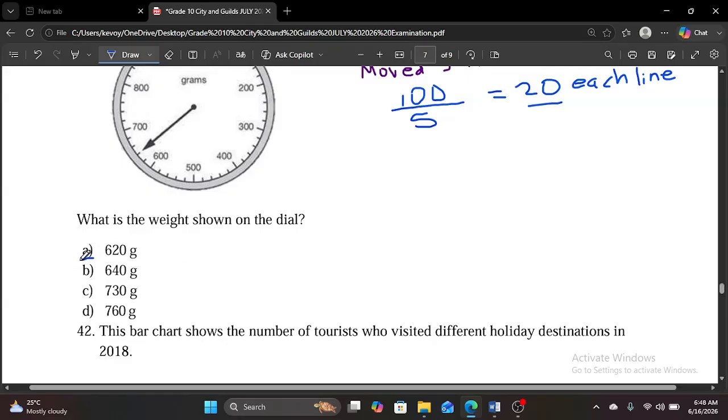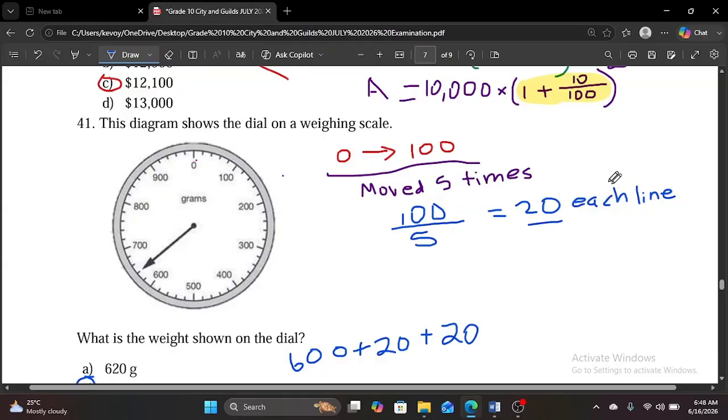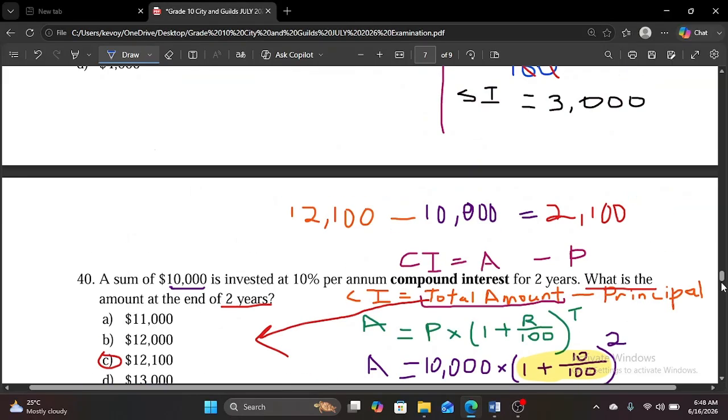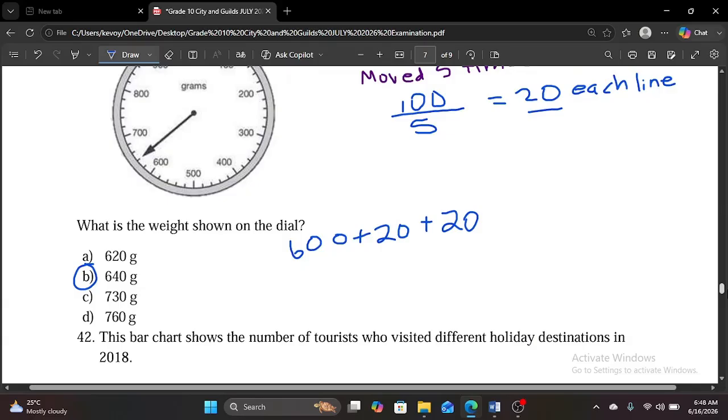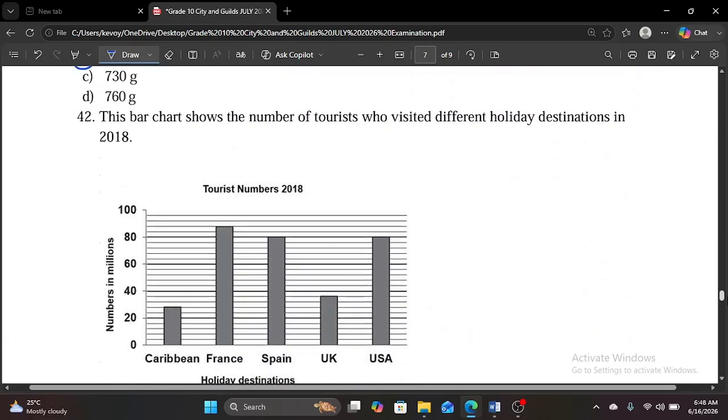After the 600, we just add 20 plus another 20. Remember, 20 represents each line. So your answer is going to be 640.